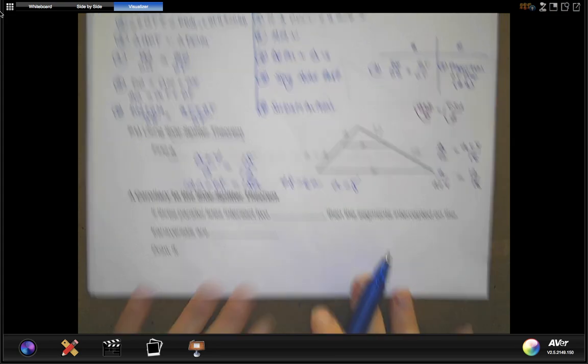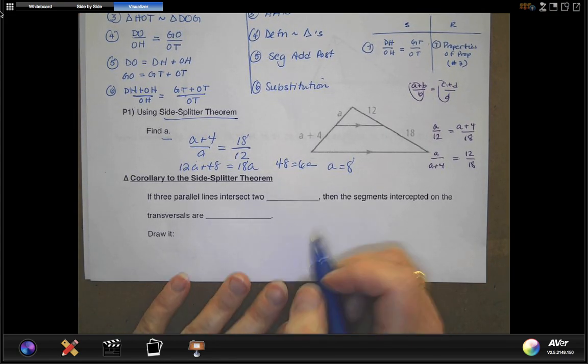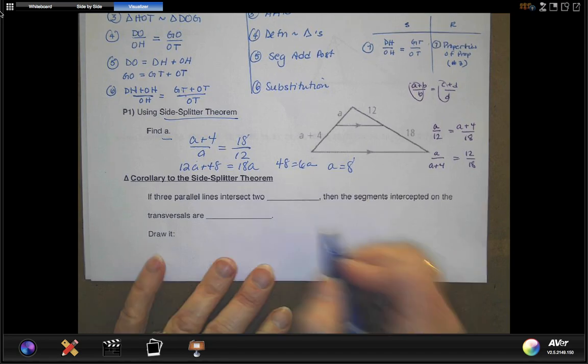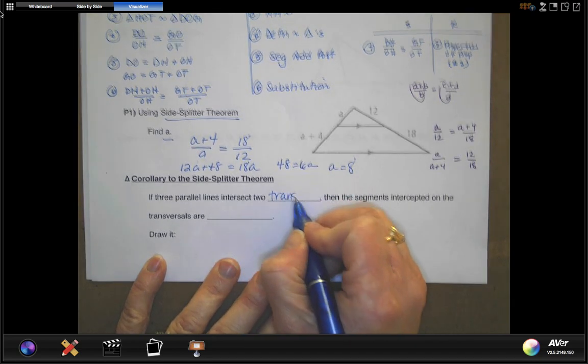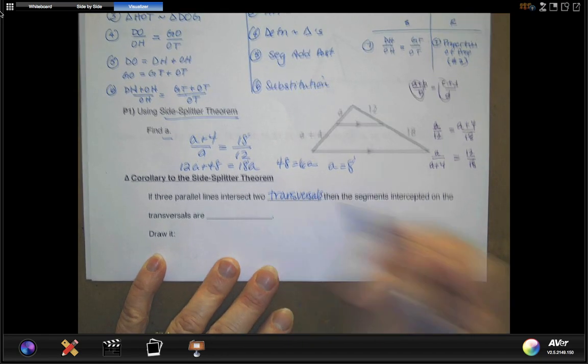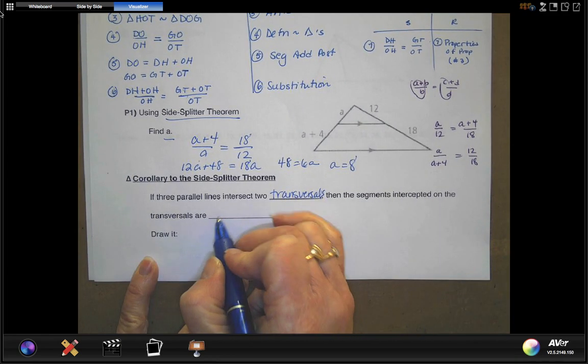All right, this corollary says that if three parallel lines intersect two transversals, then the segments intercepted on the transversals are proportional.